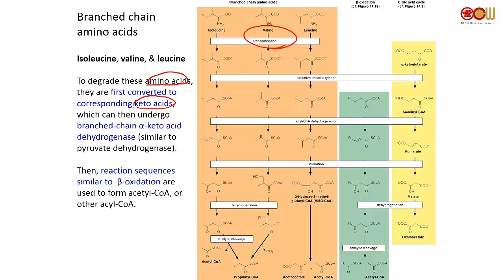Right? And then in the branched chain amino acids, after you do transamination, you get these alpha keto acids. In a way, they're just like pyruvate, such that they can undergo an oxidative decarboxylation. You get rid of this carboxylate, it becomes CO2, and then you end up with CoA.